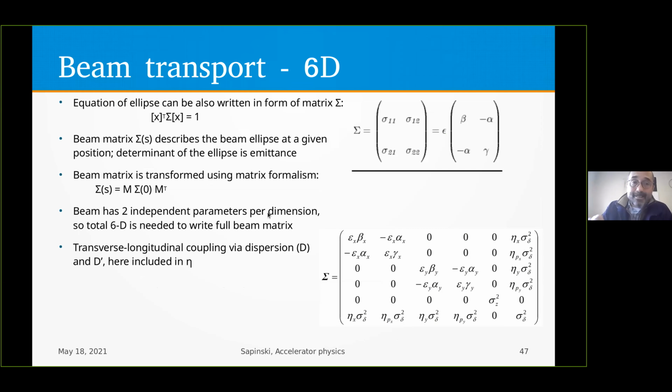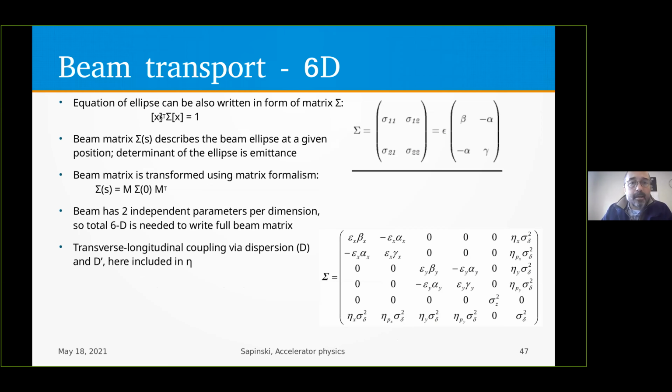And my last slide, I hope I'm not too long, is about the beam ellipse or beam matrix and the beam transport in 6 dimensions. So first of all, the equation of the ellipse can be written in matrix form.